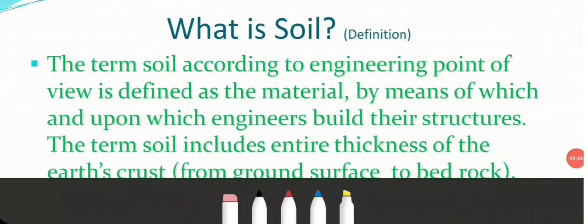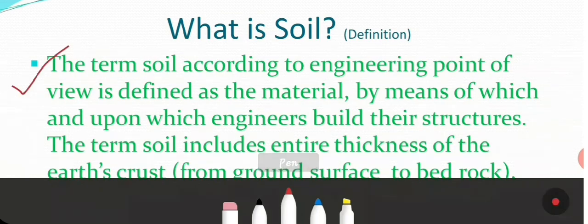So what is the definition of soil? The term soil, from an engineering point of view, is defined as the material by means of which and upon which engineers build their structures.